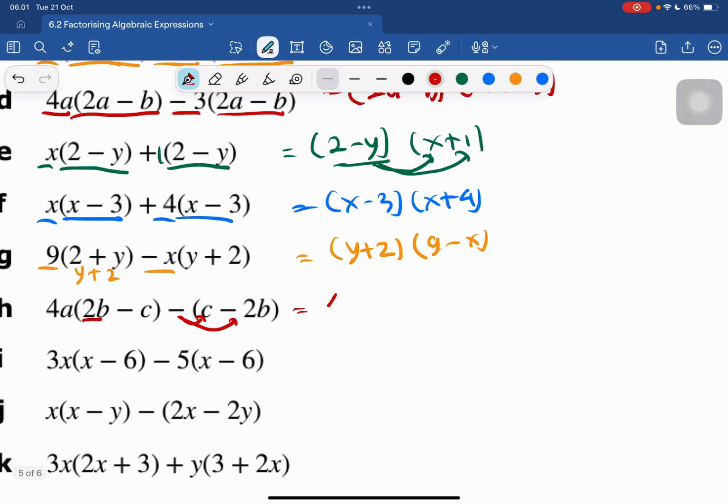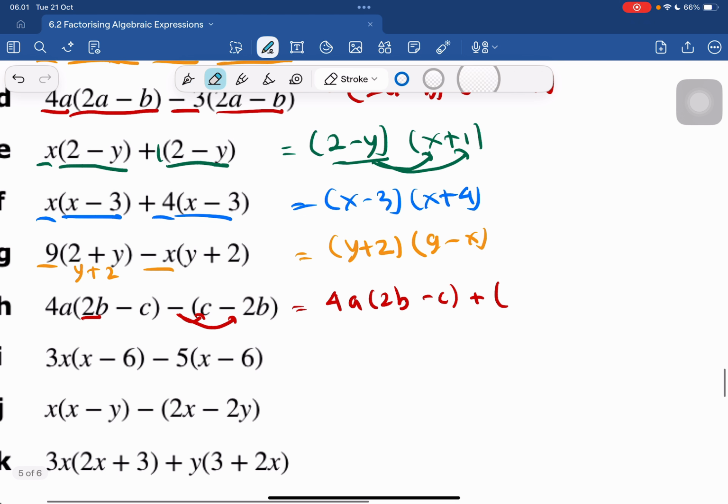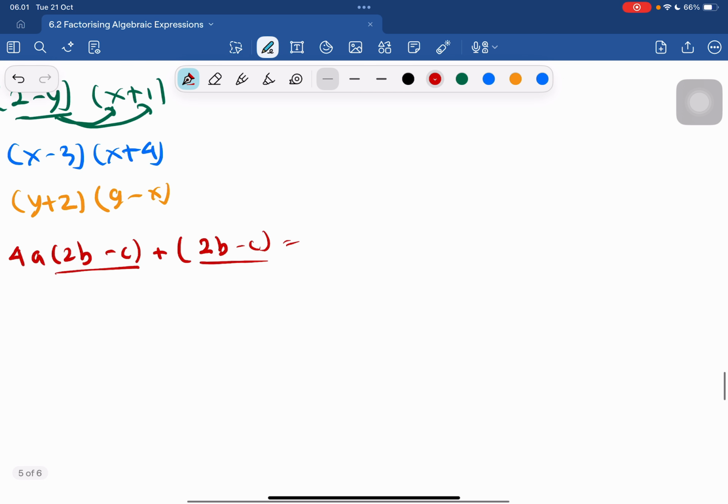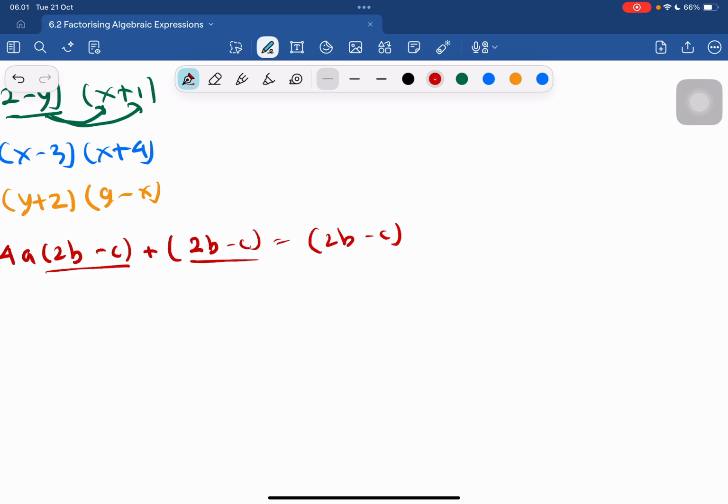This is gonna be 4a times 2b minus c, and this is gonna be plus, and we multiply it, it's gonna be 2b minus c. Okay, we got the highest common factor 2b minus c, so we can write it here 2b minus c, and then 4a plus 1.